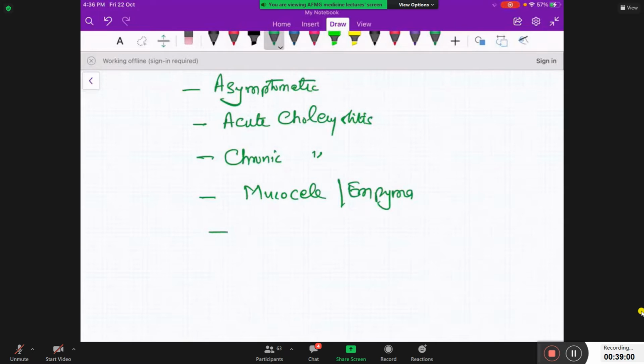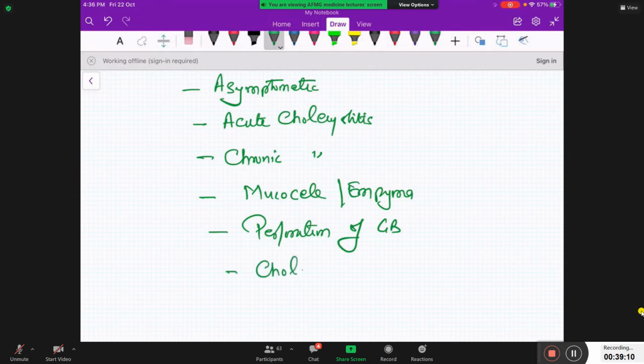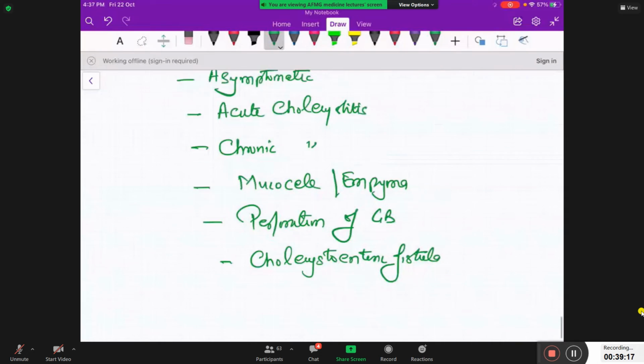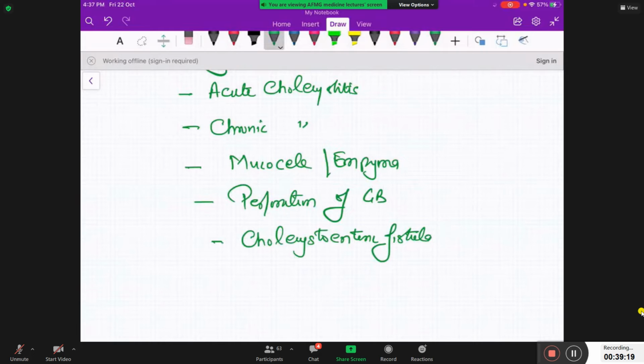One can have a perforation of gallbladder because of the gallstone too. One can also have cholecystoenteric fistula also because of the gallstones. One can develop, these are the things they have asked, gallstone ileus also.